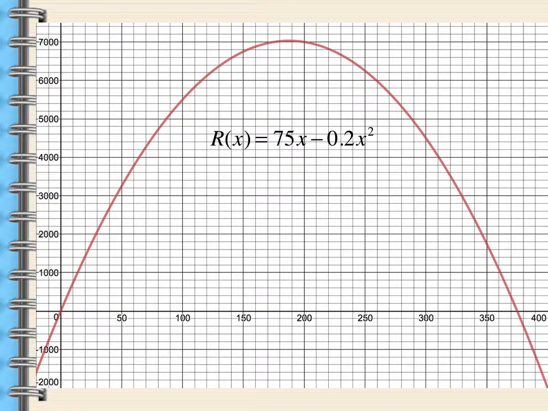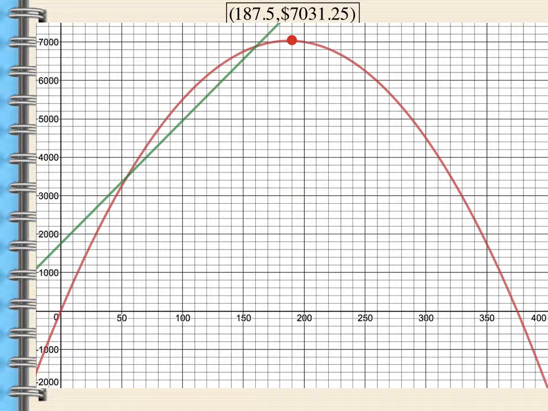When I graph my function, I can see that there is a high point, which is the maximum revenue, representing $7,031.25 if the business makes 187.5 wristwatches.